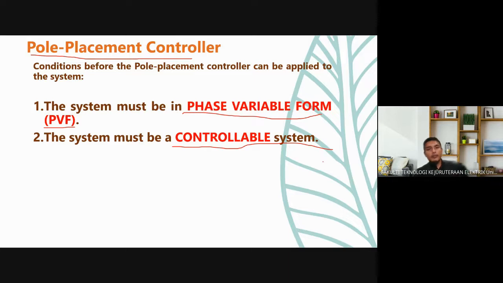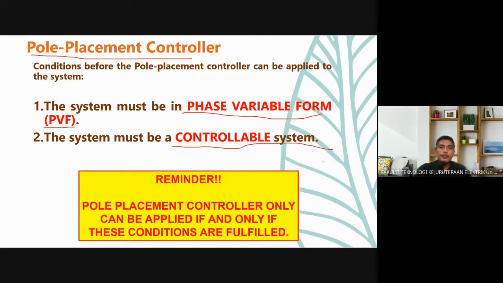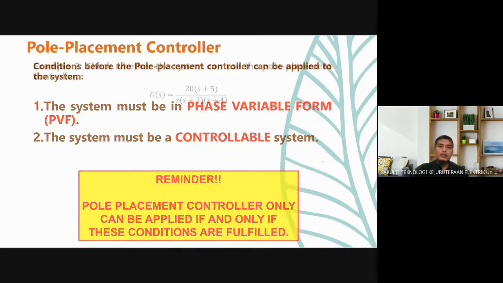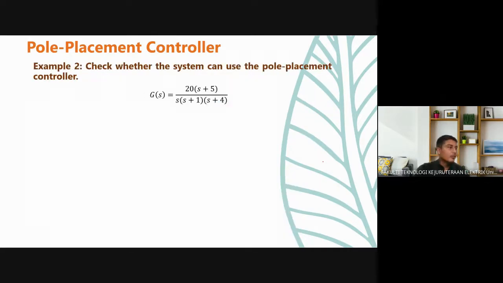Okay. So what is a controllable system? We look at here. The pole placement controller can be applied if and only if these conditions are fulfilled. Okay, example number 2. We check whether the system can use the pole placement controller. Let's see how we check it.